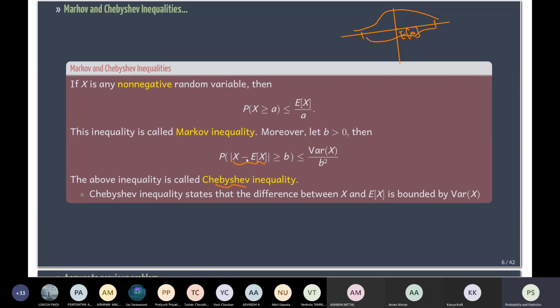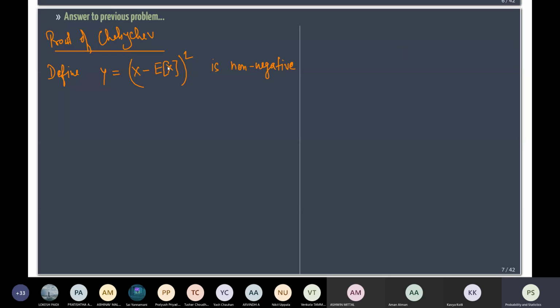Because as such x minus E[x] was not guaranteed to be non-negative. Okay, so if I do this and square it, then it's guaranteed to be non-negative. So that's the thing that I'm going to use now. Okay, so we can apply Markov.